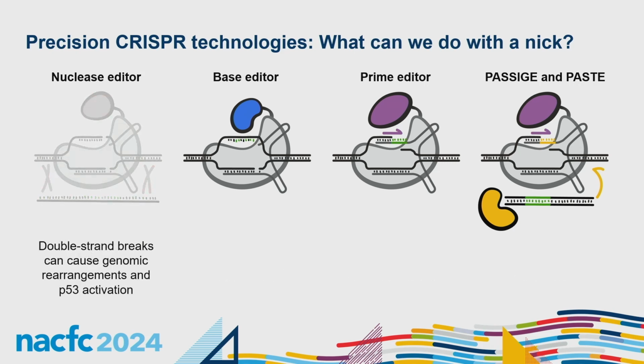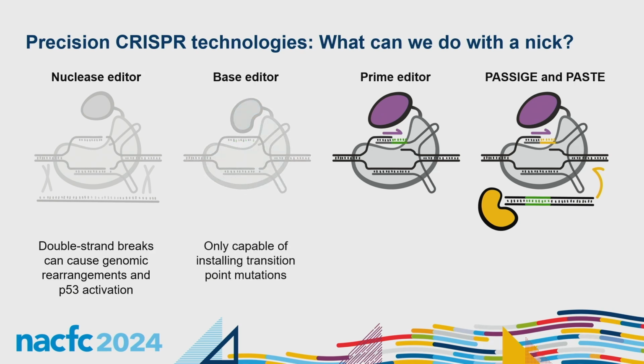Unlike nuclease editors, prime editors don't rely on double-stranded break intermediates to install their edits. Double-strand breaks can cause the formation of undesired indel byproducts, large genomic rearrangements, and the activation of p53, for example. Unlike base editors, prime editors are capable of installing all small DNA sequence changes: transition point mutations, transversion point mutations, small insertions, small deletions, and all combinations thereof.